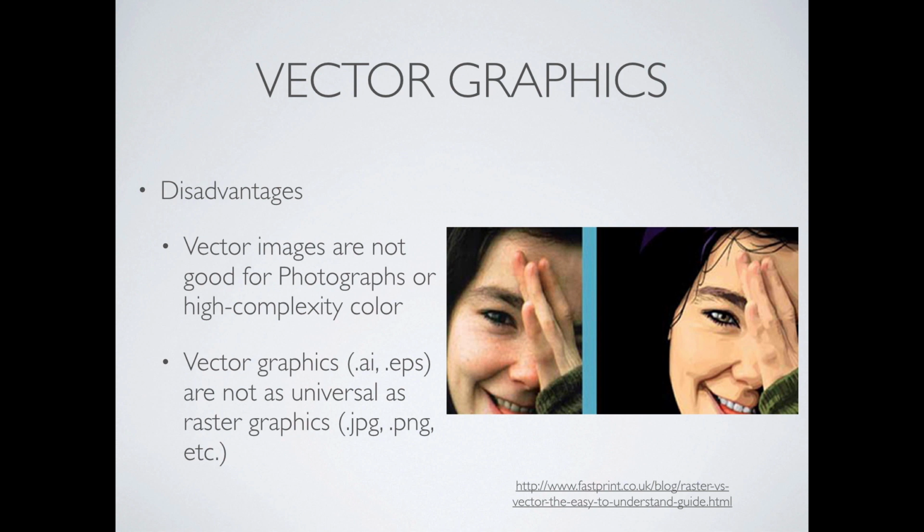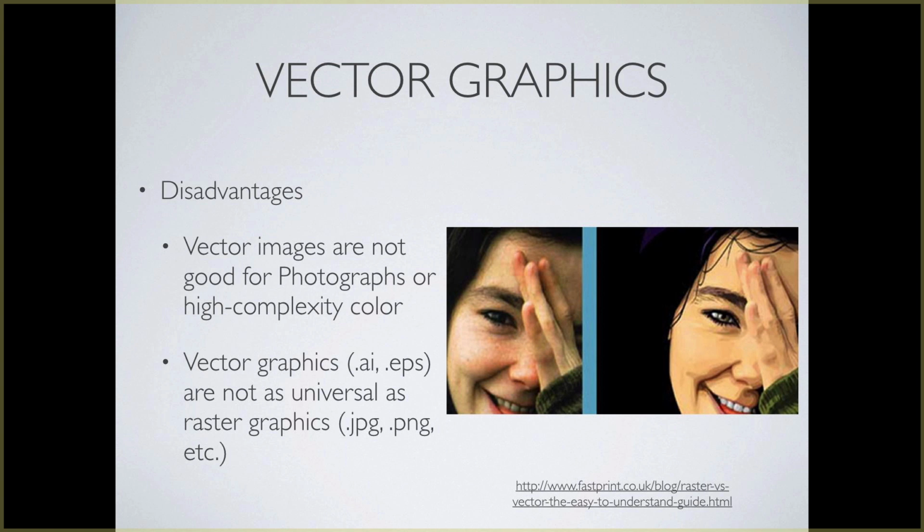Disadvantages. Vector images are not as good for photographs or high complexity color. On the right here, I have a sample of a vector graphic and a raster graphic. So this one here is vector. This one here is raster. And you can see, obviously, this looks like your traditional photograph. But do you see on this one how the regions are kind of blocky with certain colors?